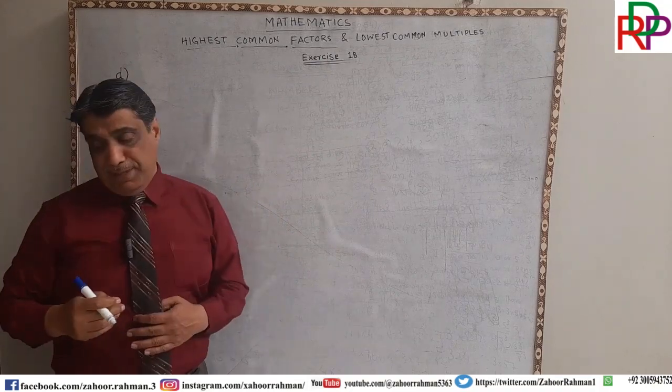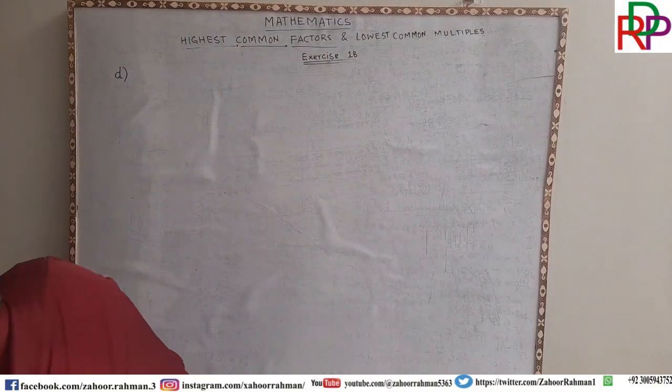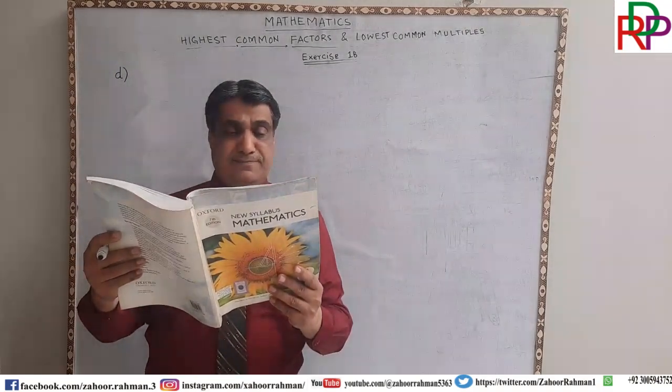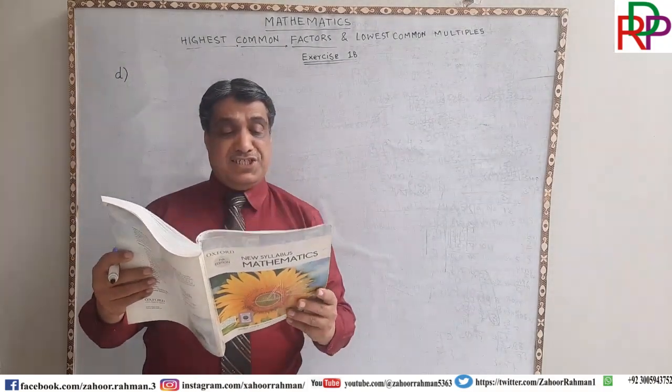In the D part in your book, it is given that the first one is 63.